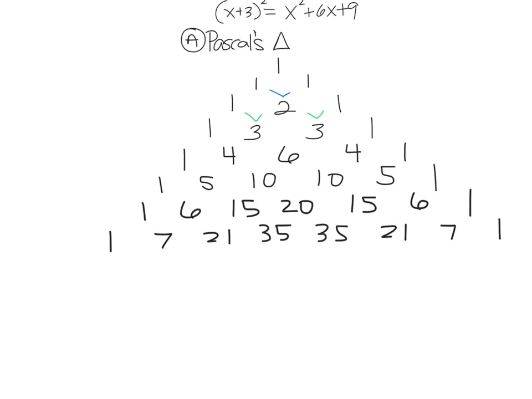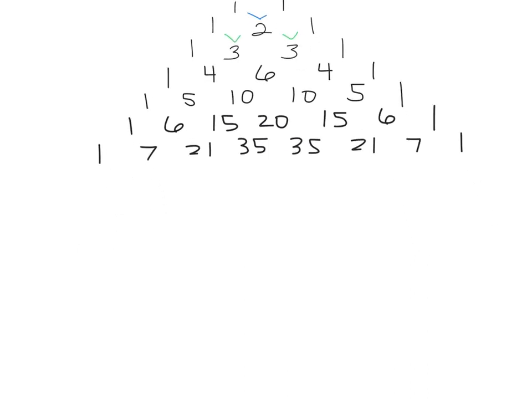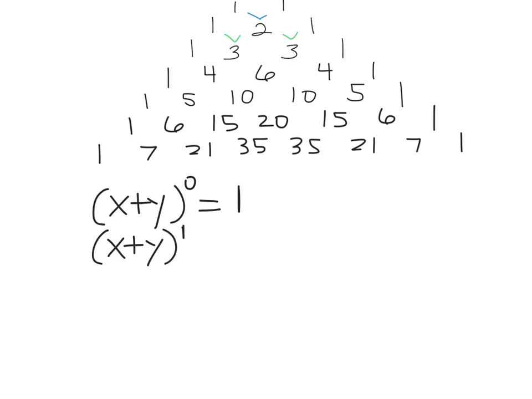If you take x plus y to the 0 power, we should all know that is just 1. And then if you take x plus y to the 1 power, that's equal to x plus y. Look at the coefficients of x and y. That would be the same as the coefficients of row 1.